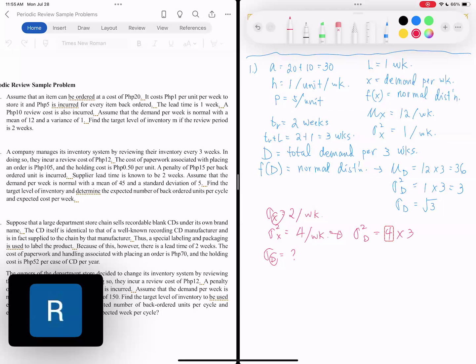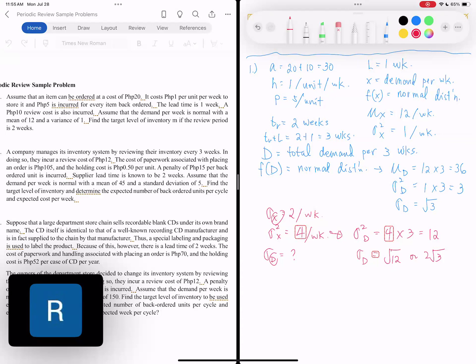Is that clear? 4 per week times 3 weeks will give you a variance of 12. Then from there, you calculate sigma of D, which is the square root of 12, or 2 times the square root of 3. Is that clear?